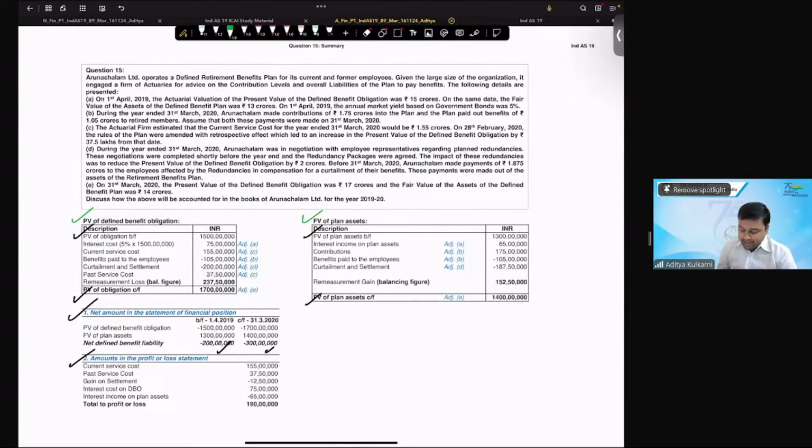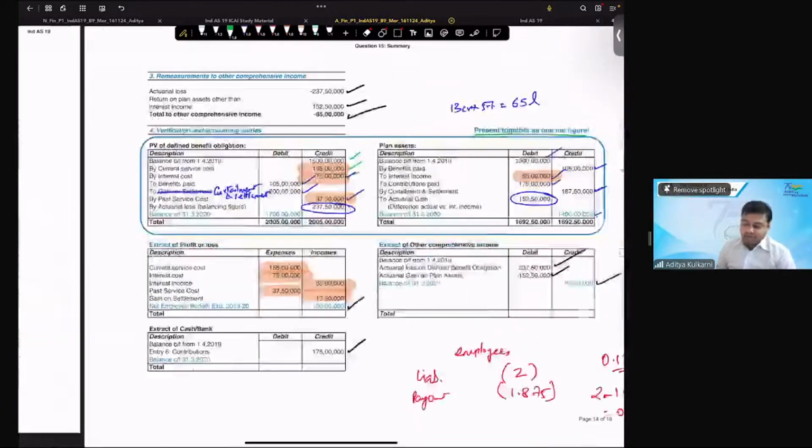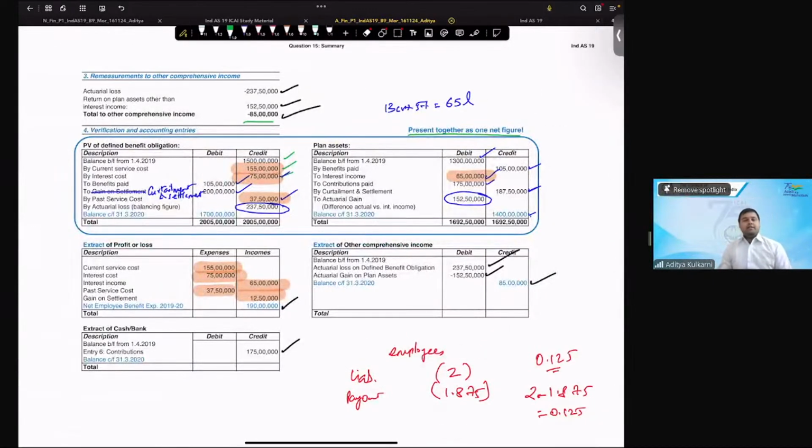That is why net defined benefit liability, total impact to P&L, net impact to other comprehensive income. Why do I do this netting off? Only to show that they are all netted off together. You have so many transactions, but ultimately you are netting it off and presenting in the financials. Okay, so that is what is important for us.